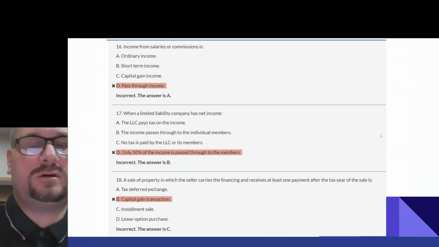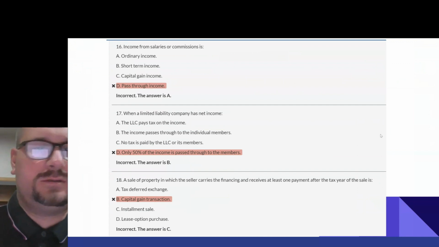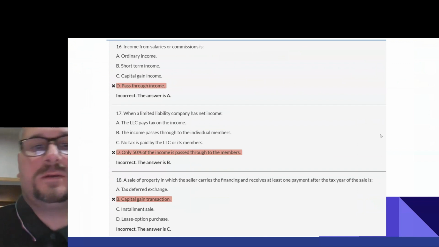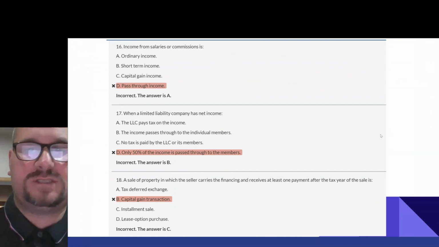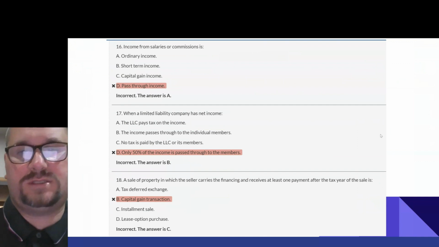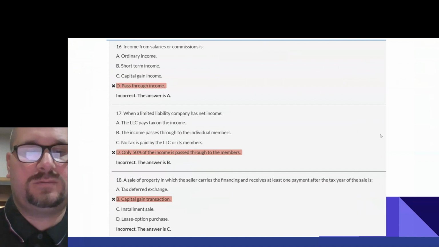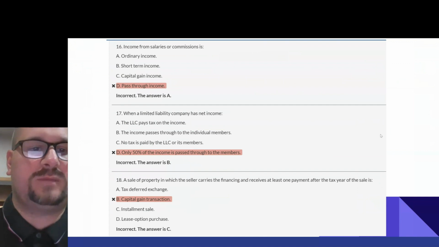A sale of property in which the seller carries the financing and receives at least one payment after the tax year of the sale is what? Charlie, installment sale.